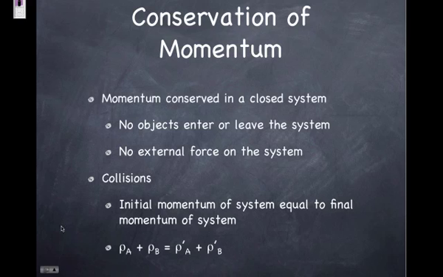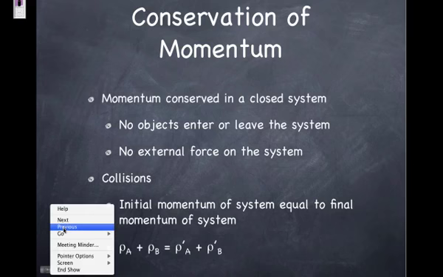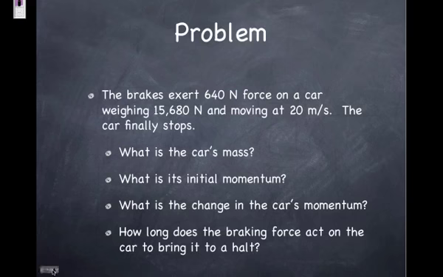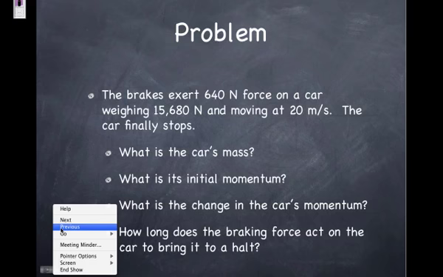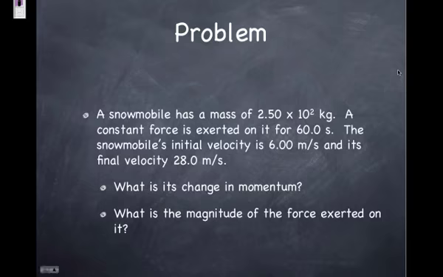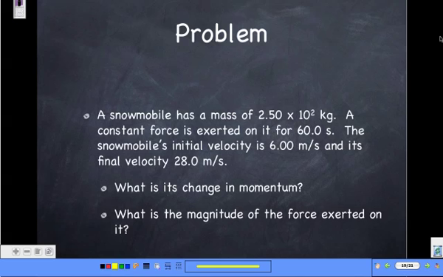Snowmobile splatters a coyote. How much force? Snowmobile, mass of 250 kilograms. Constant force for 60 seconds. Snowmobile's initial velocity is 6 and its final is 28.